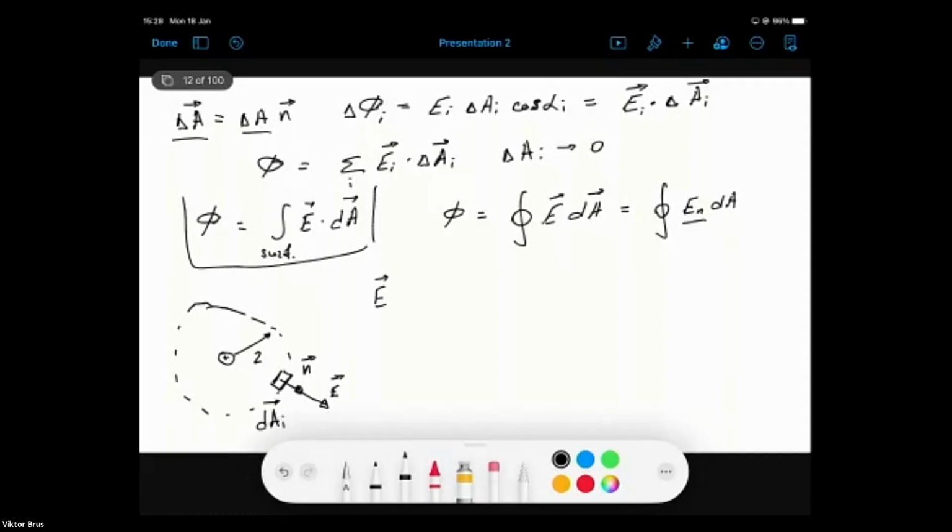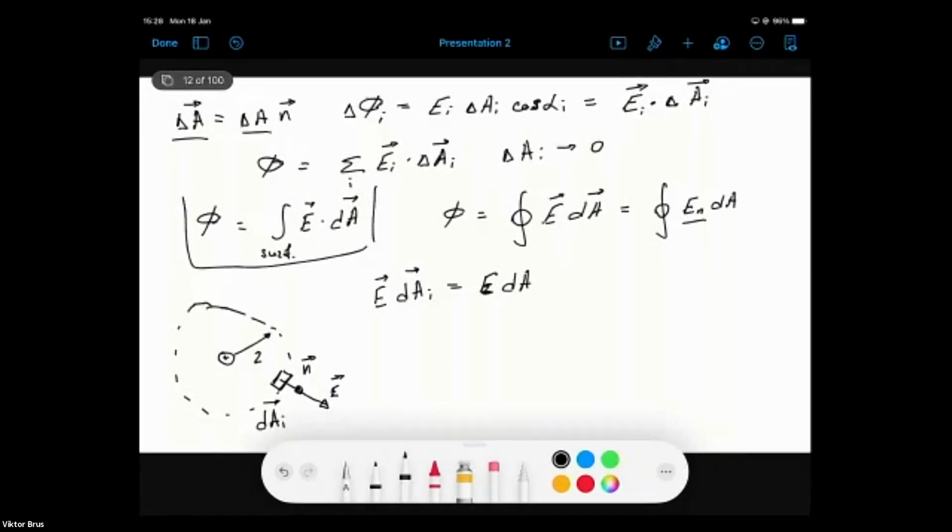We have the vector product of electric field and vector dAi. Since these vectors are parallel, we can skip cosine alpha, because cosine alpha for parallel vectors is unity, and we will have just the product of absolute values, electric field times dA.